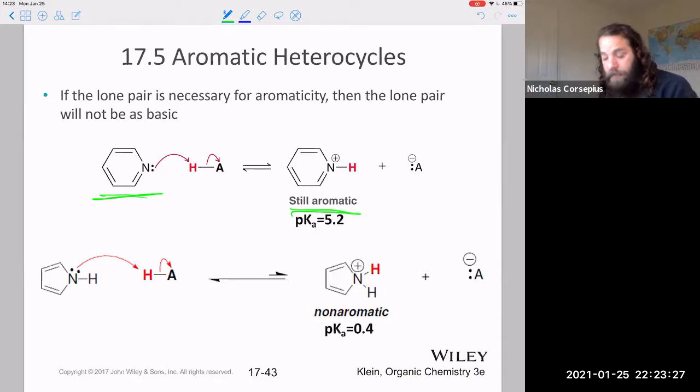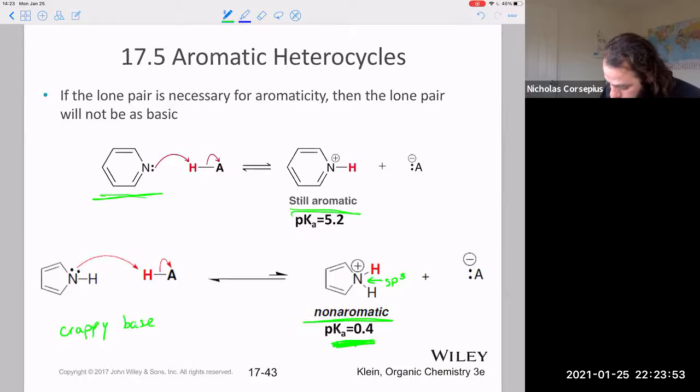Pyrrole, on the other hand, is a really poor base, because if it accepts a proton, then the nitrogen has to be sp3 hybridized, making it non-aromatic. We can look at the pKa's of the conjugate acid to get a sense of basicity. If its conjugate acid is a really strong acid, that means that this is a poor base. So again, we're just using pKa to illustrate this phenomenon.